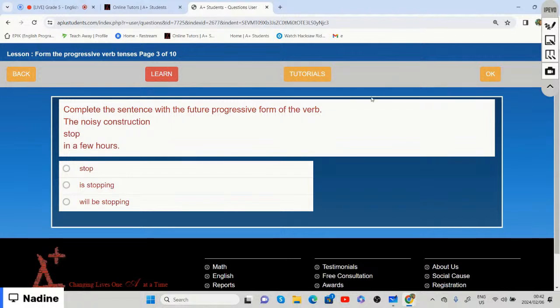We need to complete the sentence with the future progressive form of the verb. So future progressive. Do we say the noisy construction stop in a few hours, or do we say the noisy construction is stopping in a few hours, or will be stopping in a few hours?